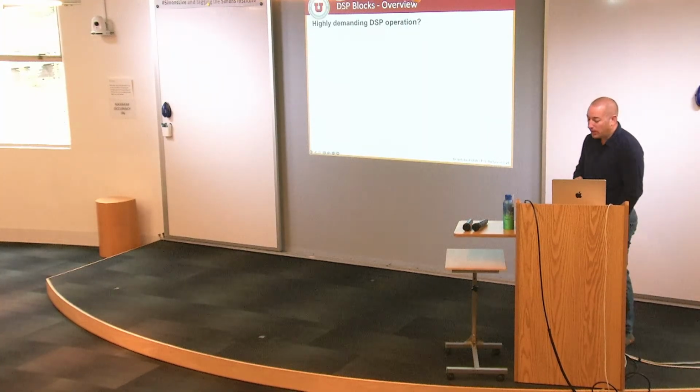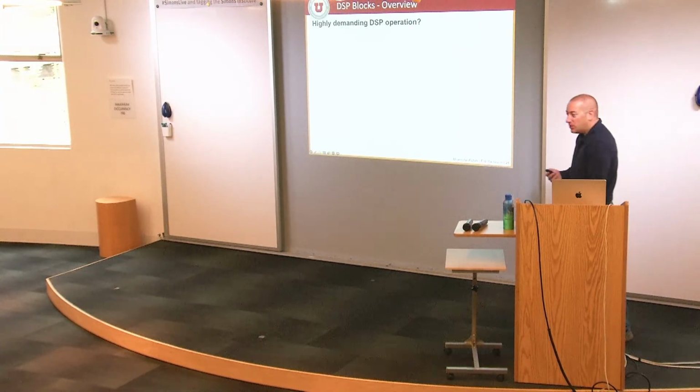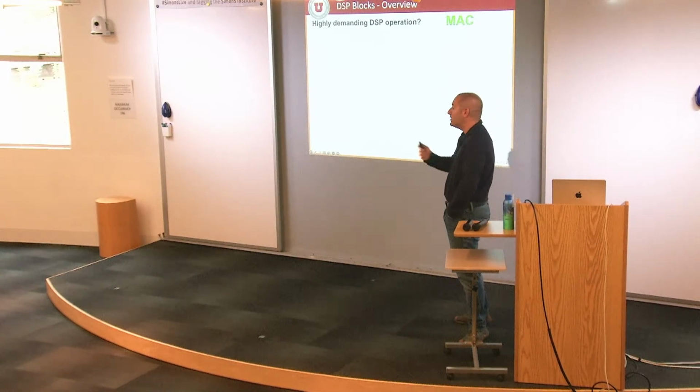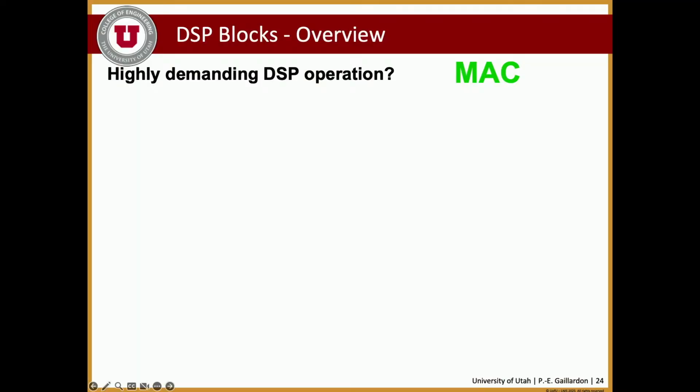DSP blocks, right? What is the most highly demanded DSP operation that you can find in modern applications? That will be a MAC operation. Everything convolution-based and whatnot will be using MAC operations. And of course, multiplication, accumulation, right? So you do need a multiplier, you need an adder, and you need some registers. All things that can be implemented with LUTs, but with a bunch of routing overhead.